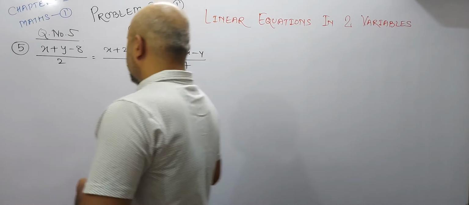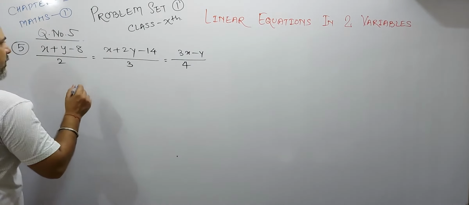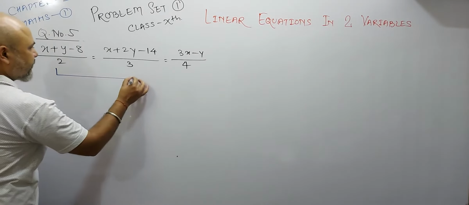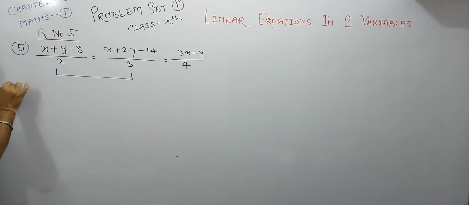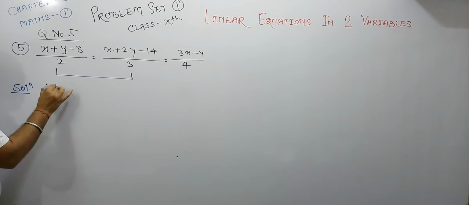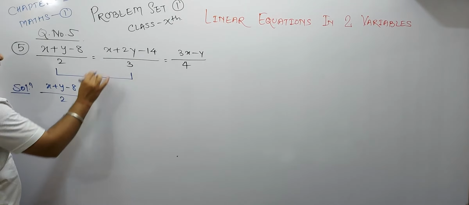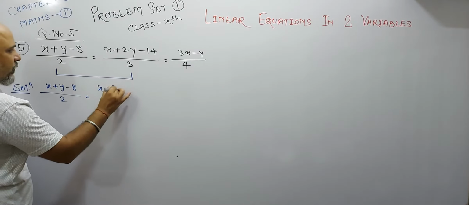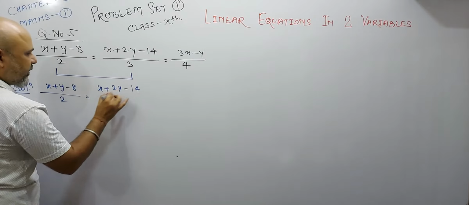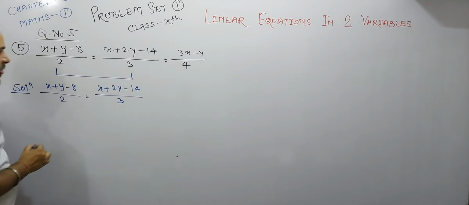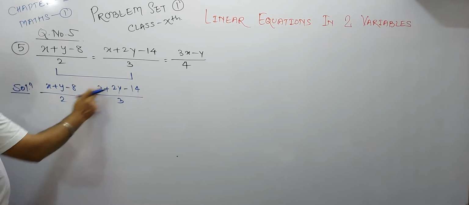So now students, you are going to consider first these two equations. So we'll start the solution. I will write x plus y minus 8 whole divided by 2, equal to x plus 2y minus 14 divided by 3. So just cross multiply.